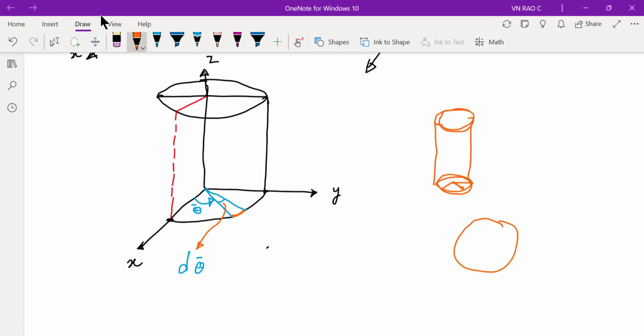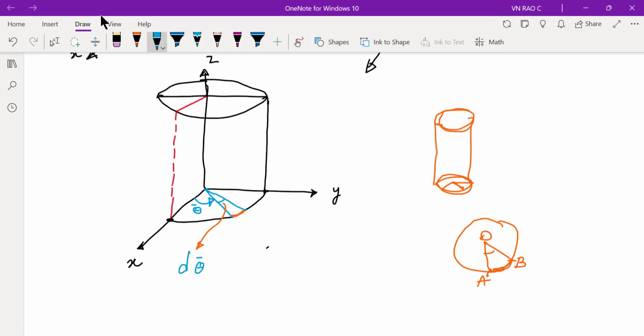In the circle, I know this angle. Now this becomes a sector. O, A, B becomes a sector. So this is the arc length.